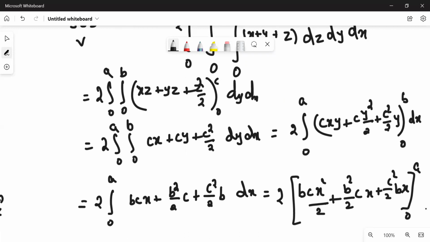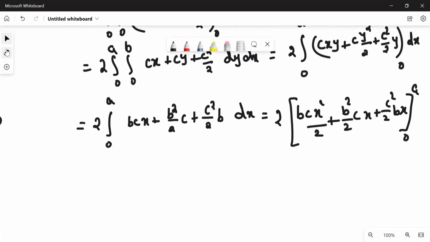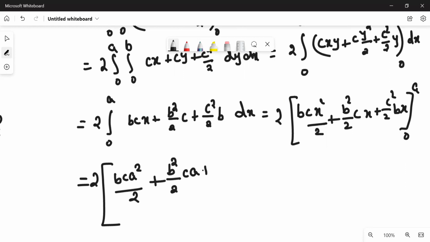Apply upper limit a on x, lower limit 0 on x. So when we substitute upper limit a on x, this becomes 2 common, bca square by 2 plus b square by 2ca plus c square by 2ba.